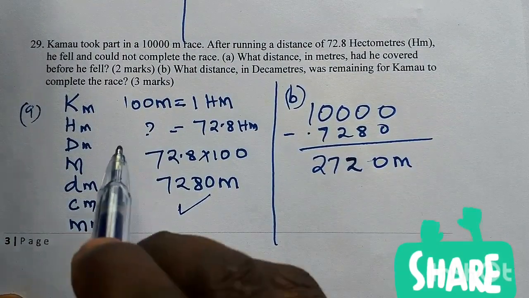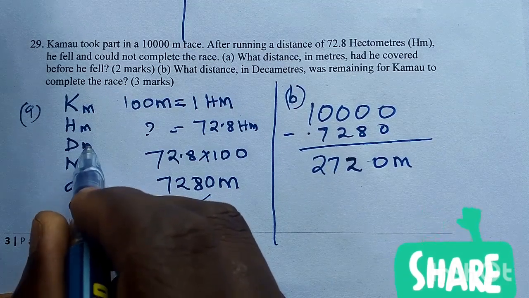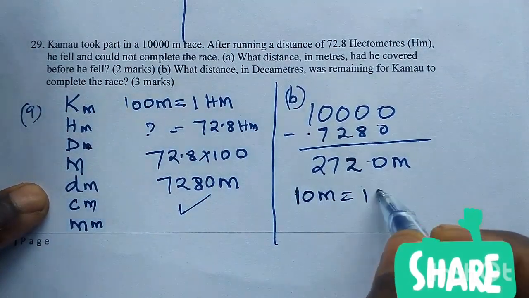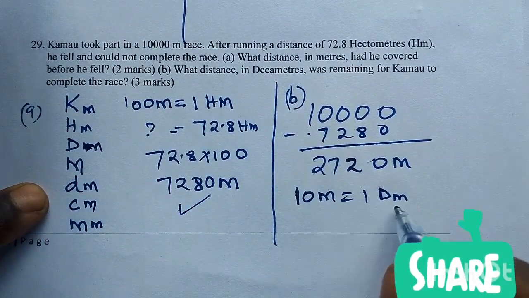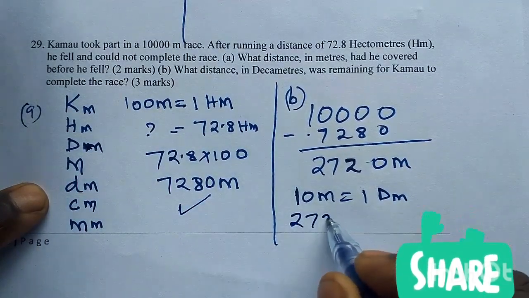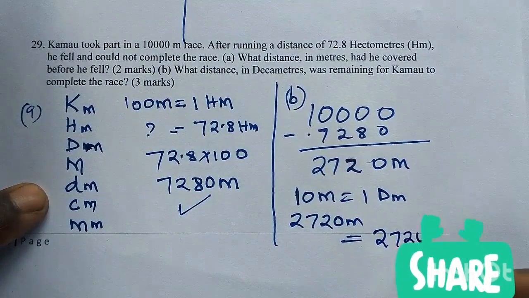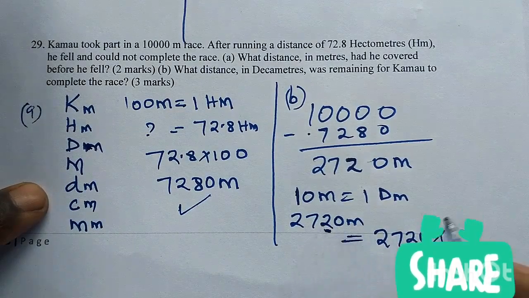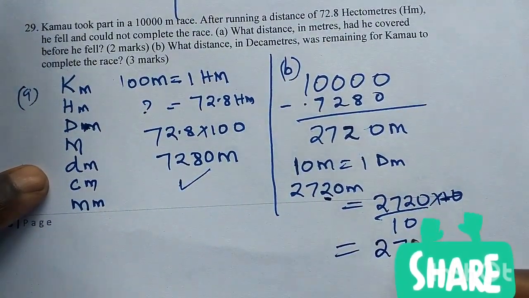So 10 meters is equal to 1 decameter. So we can convert now. We go up because decameter is here. So 2,720 meters, divide by 10. So it is 272 decameters.